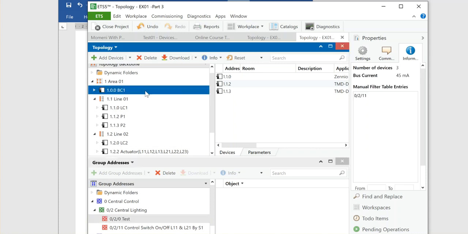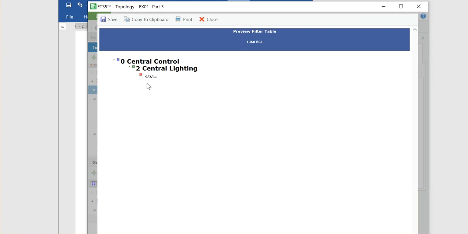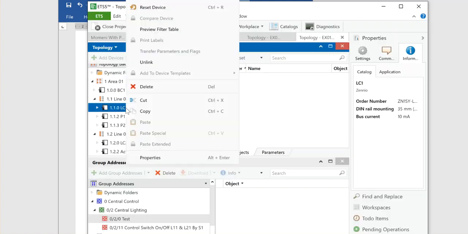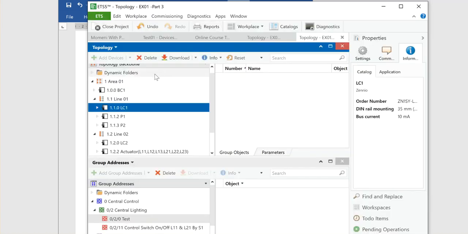So if I go to the backbone coupler, you see there is no mention of the new group address. It's not included because there is no link between the group objects, so it doesn't participate in the line coupler or backbone coupler.